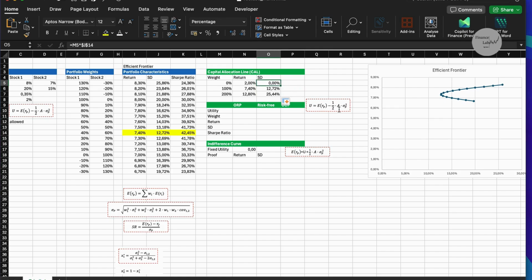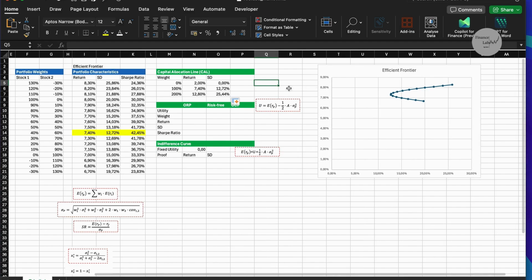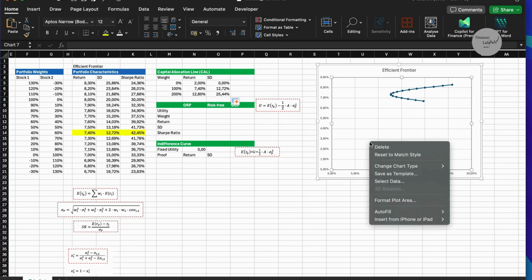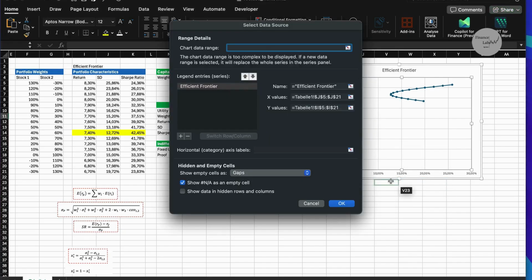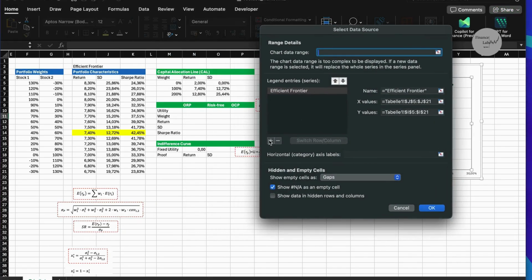Here we have 0 because we are invested 100% in the risk-free rate, so we have no standard deviation, so no risk, because the standard deviation is a measure for risk. And now we have all the data we need. We have 3 points, and the line between these points is the capital allocation line. So we must select the data. Let's name this one capital allocation line.